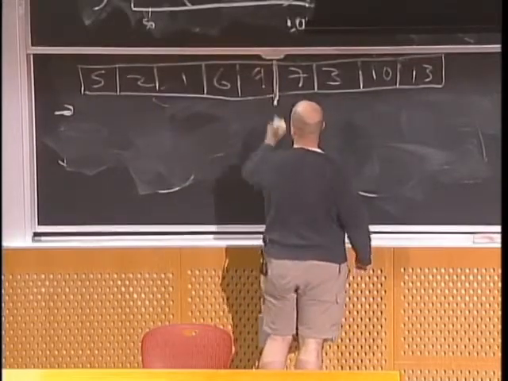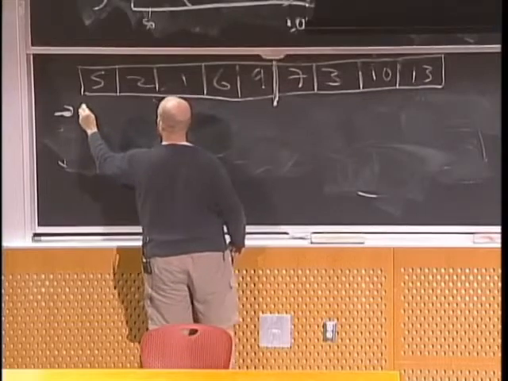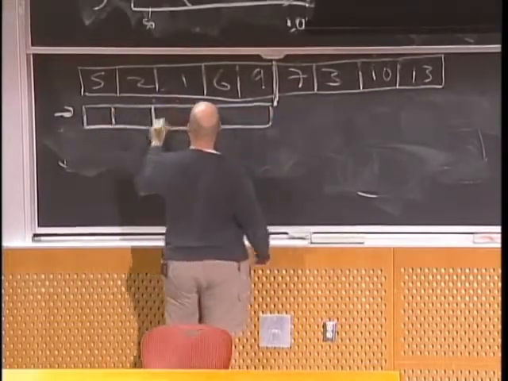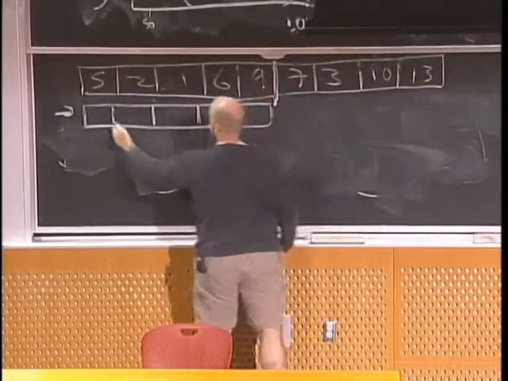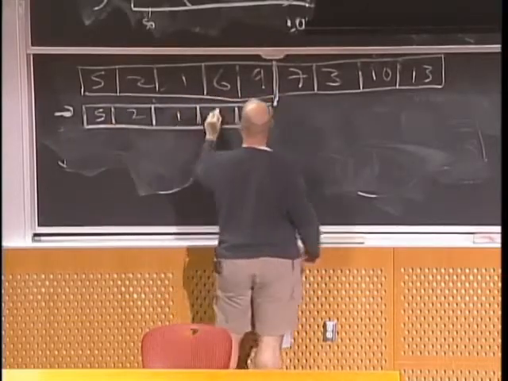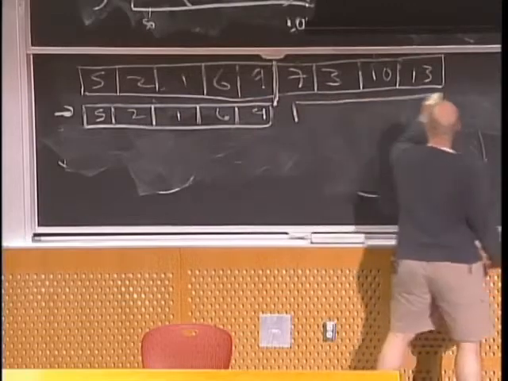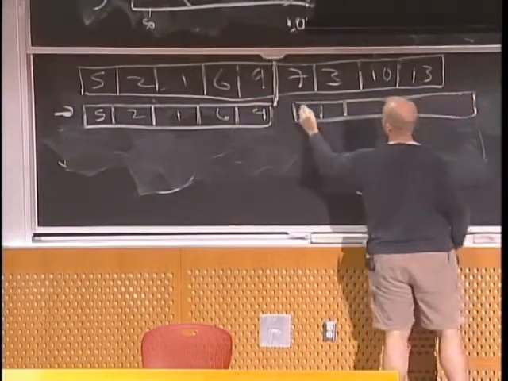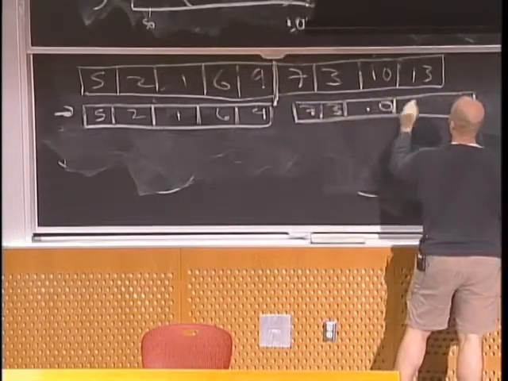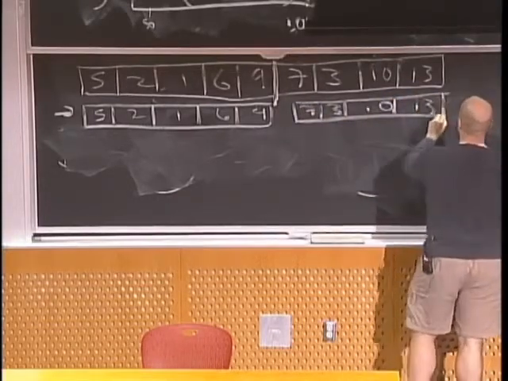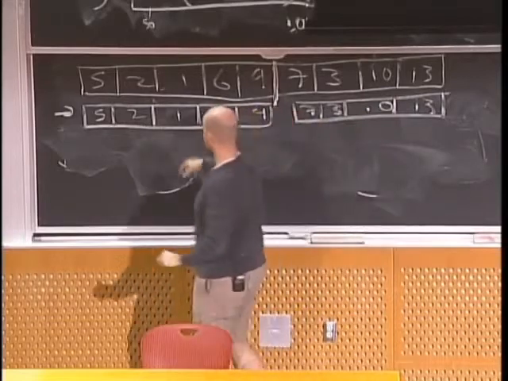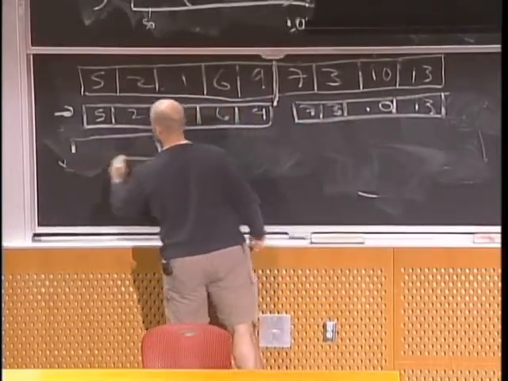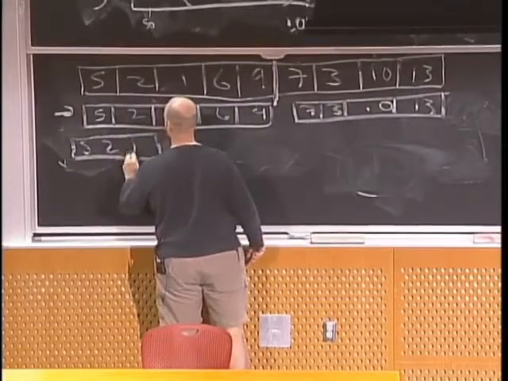So basically, it's going to take the middle here. And then it's going to call itself on this left half, and then on this right half. And it's going to keep doing this. It's going to divide this half into, say, 5, 2, 1.